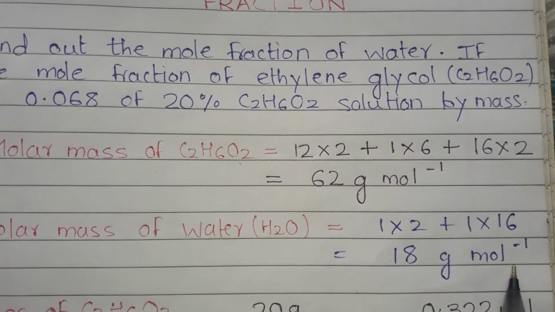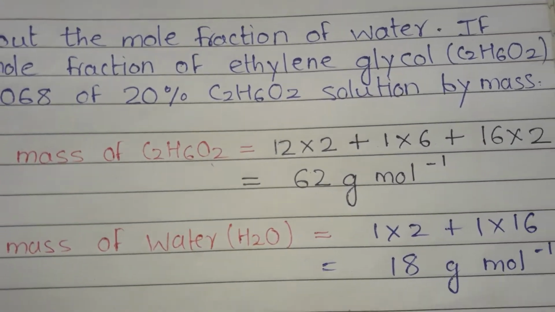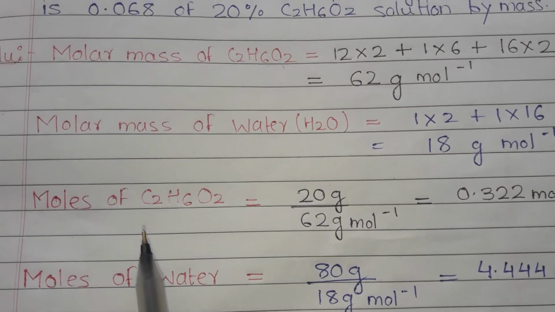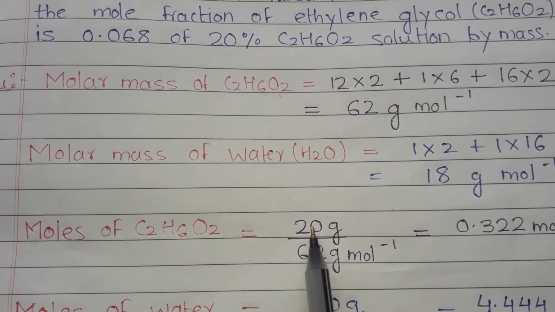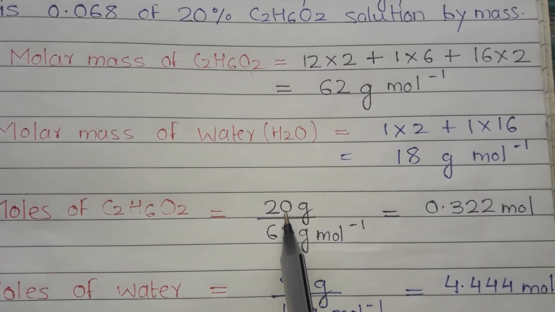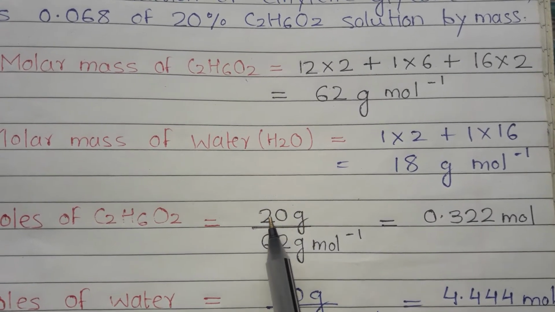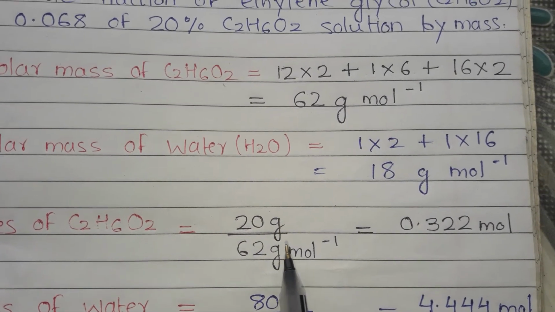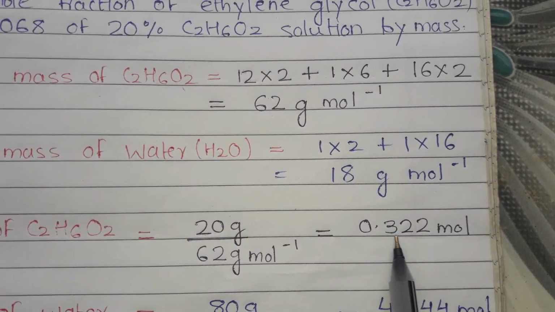Now let's find the moles of ethylene glycol as well as the moles of water. How can we find the moles of ethylene glycol? In the question we are given 20%, that means we have 20 grams of ethylene glycol. We divide 20 grams by the molar mass of ethylene glycol, and if we solve this, we get the moles of ethylene glycol.